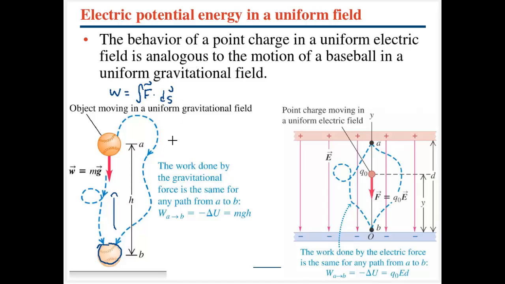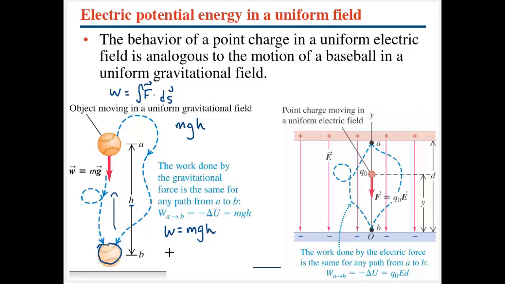In the case of the baseball, the force is going to be the mass times the gravity, and the displacement is going to be this displacement from B to A, which is going to be h. The amount of work that we had to do was equal to the mass times the gravity times the height.